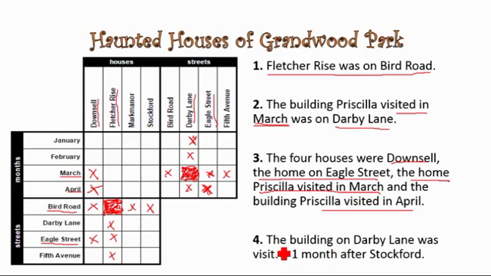And then the last clue, the building on Darby Lane was visited 1 month after Stockford. So if Darby Lane was visited 1 month after Stockford, that means Stockford was visited a month before Darby Lane. We know Darby Lane was in March, so Stockford was visited in February.